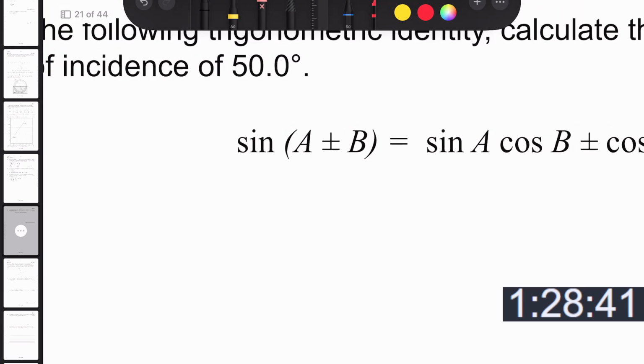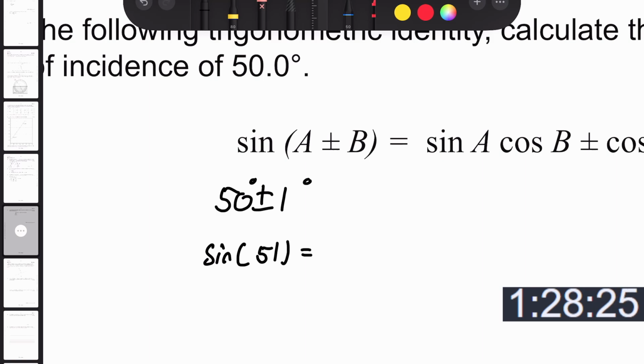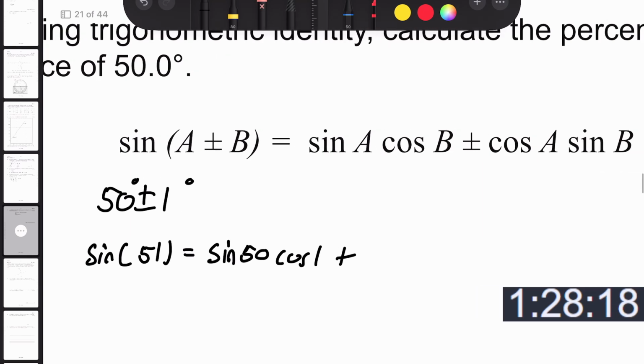Then 50 plus or minus 1 degrees. So sine of 51 equals sine of 50 cosine of 1 plus cosine of 50 sine of 1.